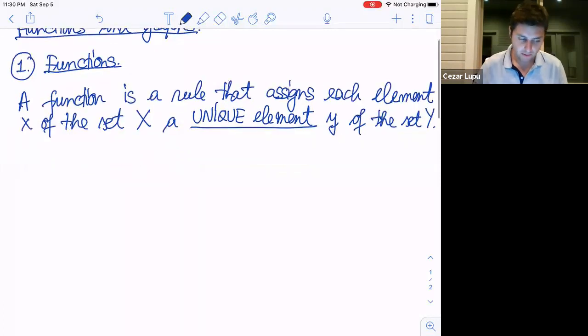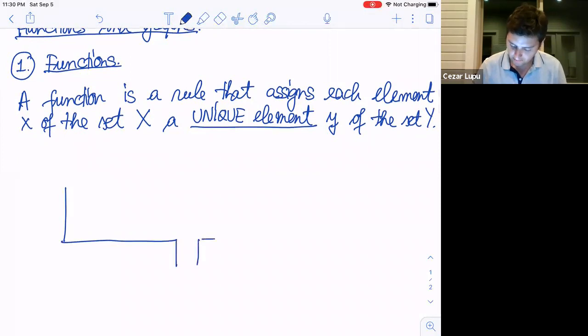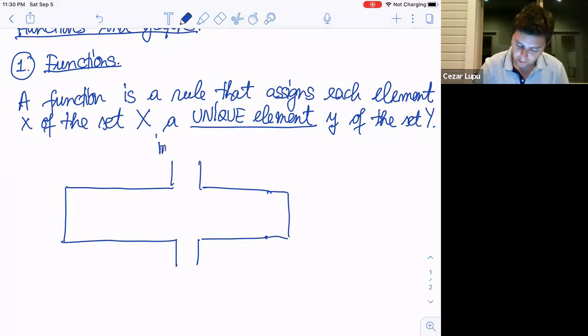Let's draw the picture. So in other words, we have something like this. Here we have the input, let's say this is x, and here we have the function f.